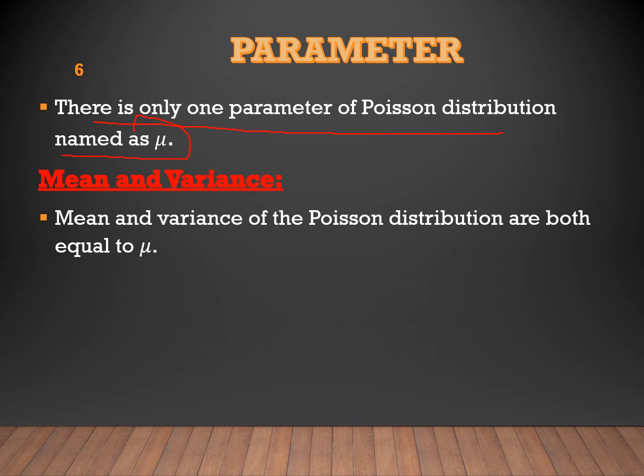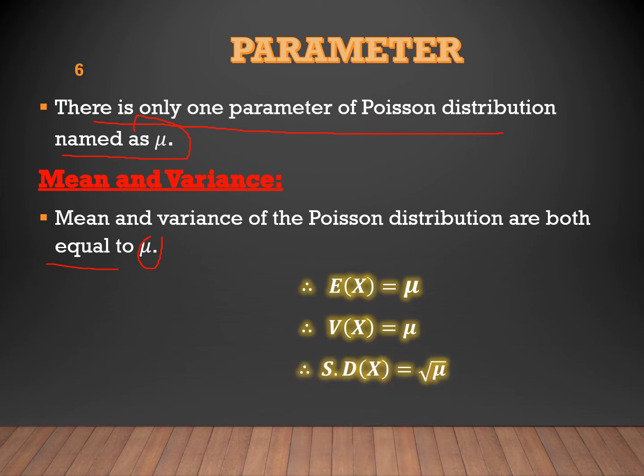Mean and variance of the Poisson distribution are both equal, which is mu. Expectation of x is equal to mu, and variance of x is equal to mu. Standard deviation of x is equal to square root of mu.